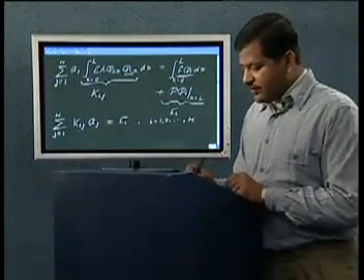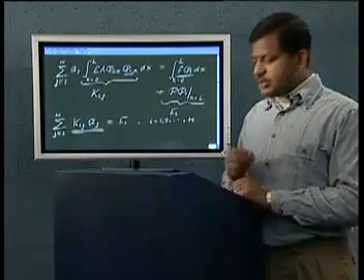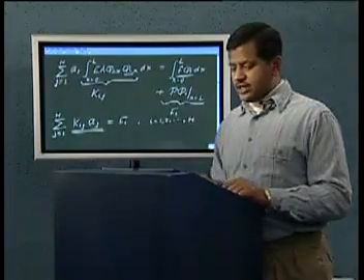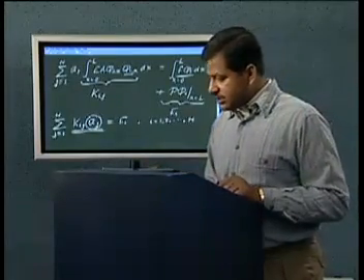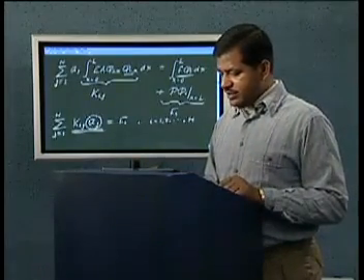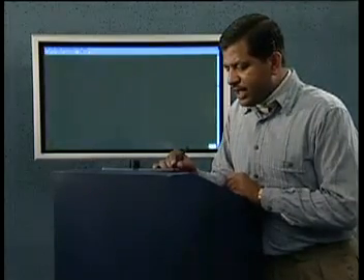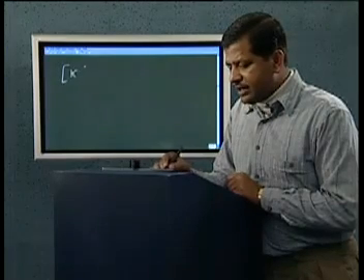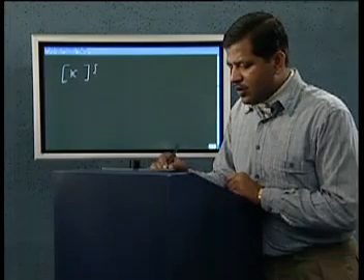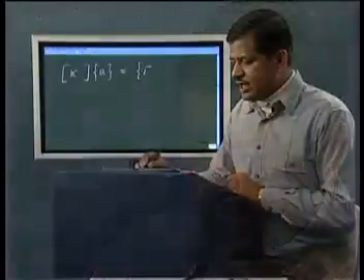So now what we have is a system of linear equations or simultaneous equations in terms of the unknown coefficients aj. This we can write in matrix form as matrix K operating on the vector A is equal to the vector F.